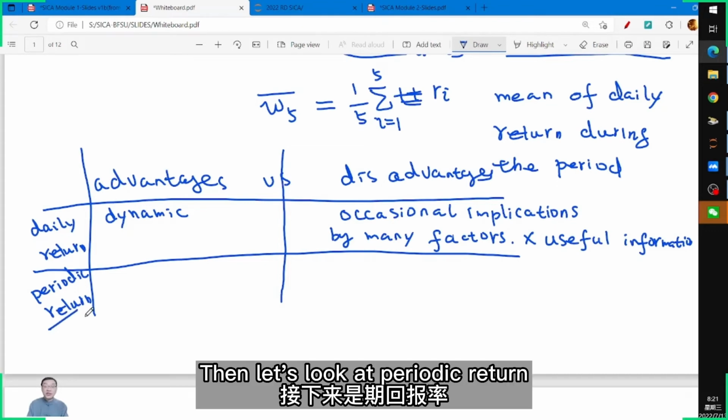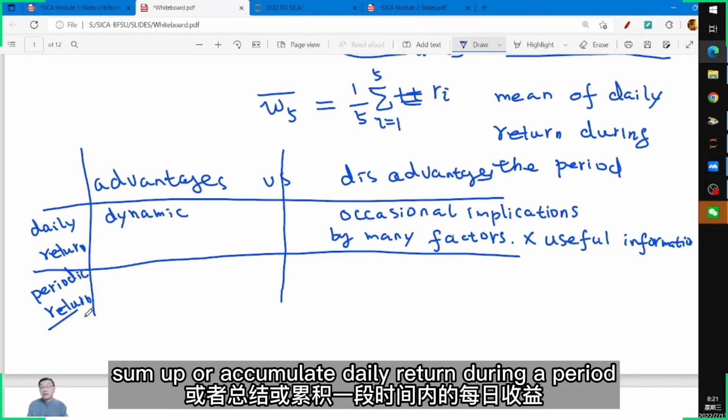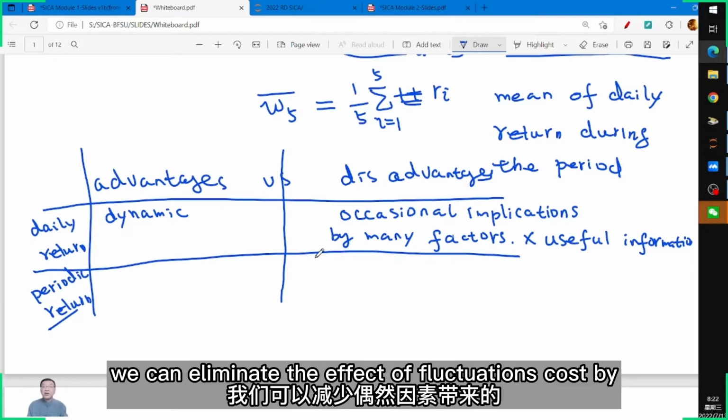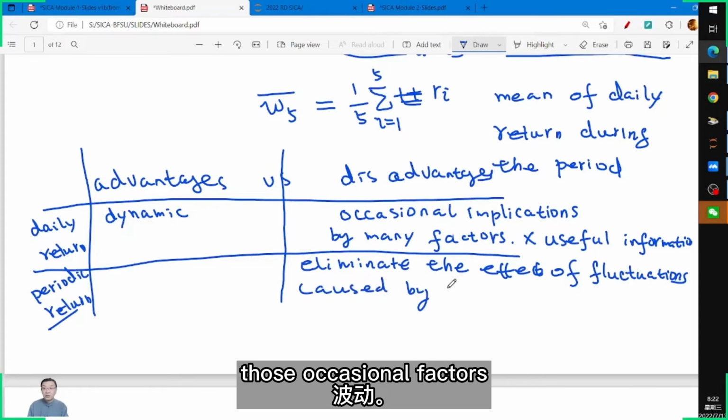Then let's look at periodic return. Periodic return is where we either sum up or accumulate daily return during a period, a weekly period, a monthly period, or an annual period. In this way, we can eliminate the effect of fluctuations caused by those occasional factors.